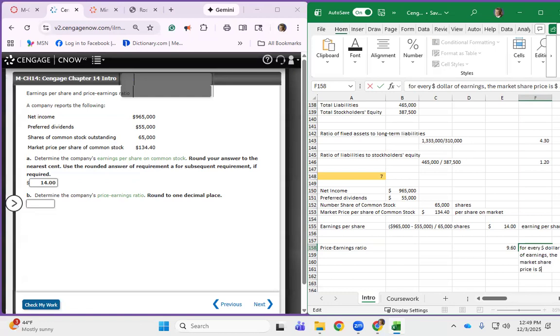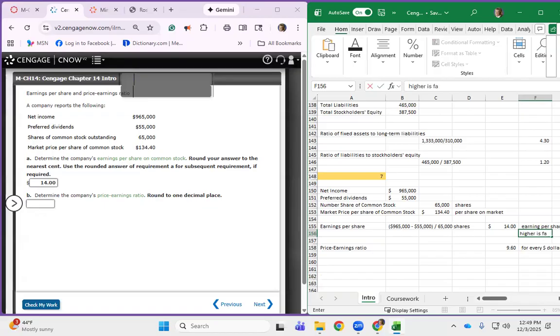Our market share price is 9.6 times higher than our EPS. So yes, the higher the better.